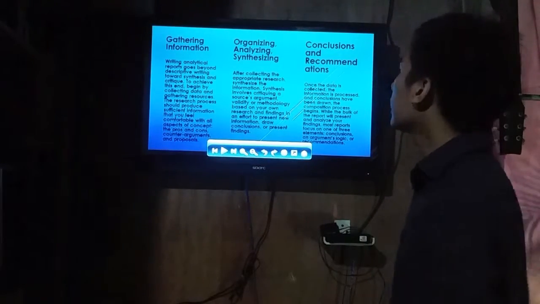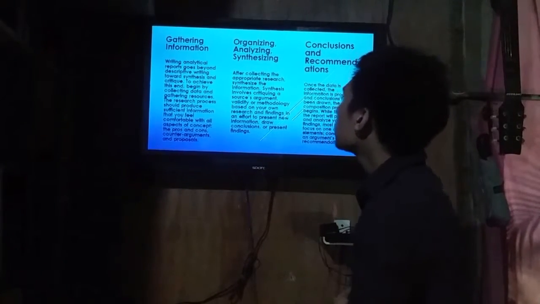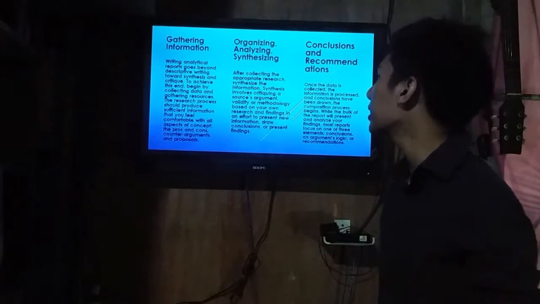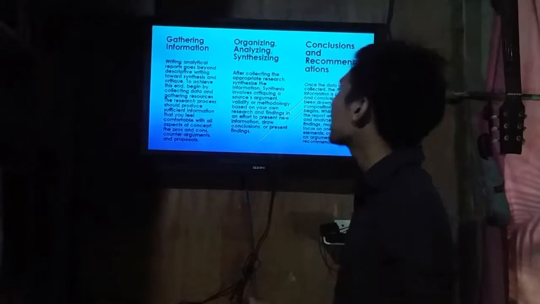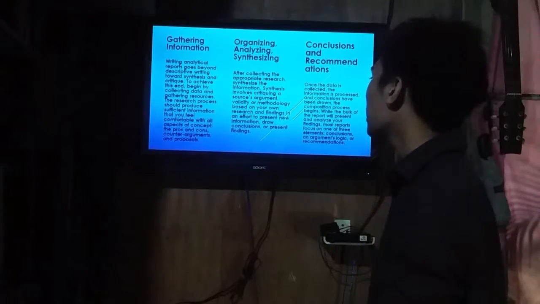Next, gathering information. Writing an analytical report goes beyond descriptive writing toward synthesis and critique. To achieve this end, begin by collecting data and gathering resources.